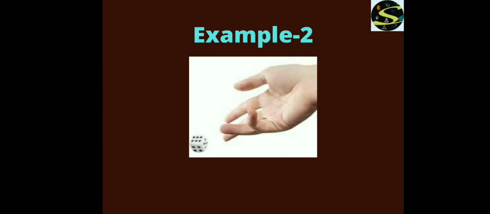Now, how about rolling the die? It has 6 outcomes. They can be 1, 2, 3, 4, 5 or 6. The probability for each outcome is the same. So for 1, it's 1 by 6. For 2, it's 1 by 6. For 3, it's 1 by 6, etc. And you can see that 1 by 6 plus 1 by 6 plus 1 by 6 and so on is 6 over 6, which equals 1.